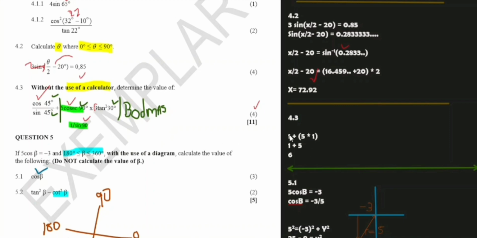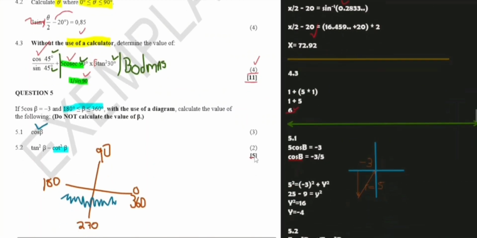So hence we were left with 1 plus 5 by 1. And then 1 plus 5 is 6. And that's your final answer. But for 4 marks, they want you to show all of those values, especially the values of the special angles. And then you've gotten your 11 marks.